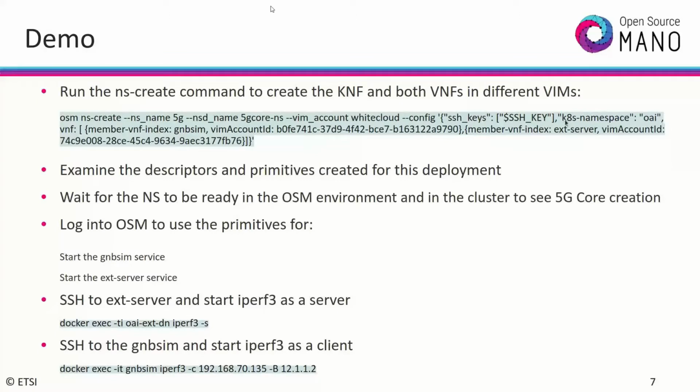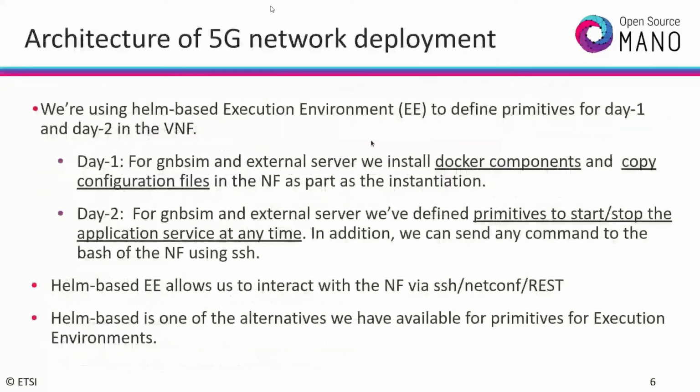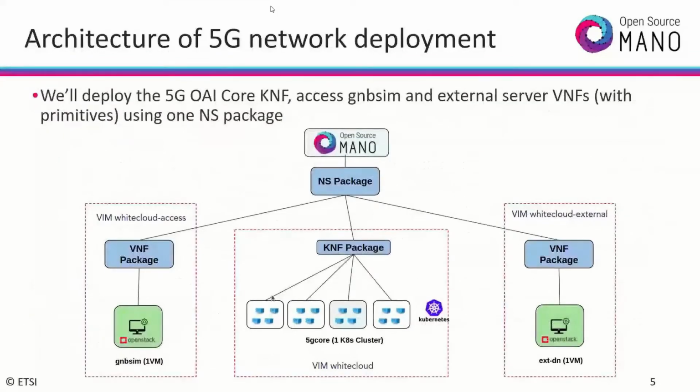Then we define the namespace of the 5G core, in this case is ONI, and then we define the VIM accounts for the gNB SIM and the external server. Those are different, if you see. So as I mentioned before, we're going to have in one VIM the KNF and in a different VIM the VNF package, the gNB SIM, sorry, and in another VIM we're going to have this external server.